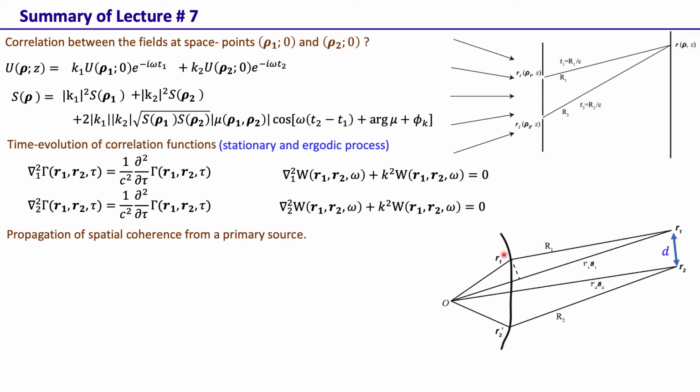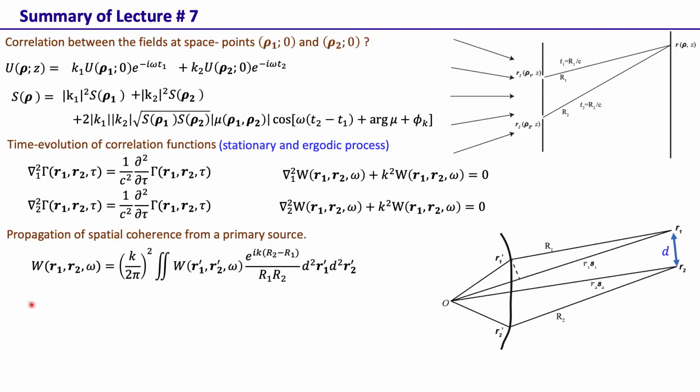Okay, then we also looked at the propagation of spatial coherence from a primary source. That we have a source from which the light is being emitted, and we know a certain thing about the source, the cross spectral density at the source, and then with that information we wanted to find out the cross spectral density at a pair of points at some distance away from the source.